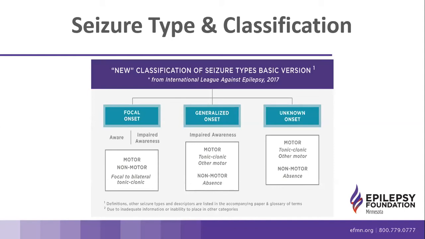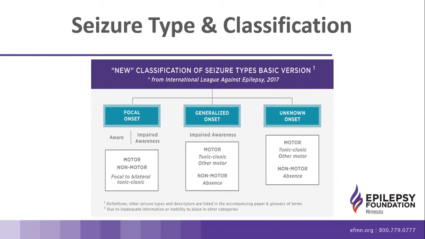And then in the late 80s, the terminology changed to generalized and partial. And then in 2017, the International League Against Epilepsy realized that they were not still encompassing all of the types of seizures into these buckets, these larger classifications. And so they changed the main classifications to focal, generalized, and unknown onset.